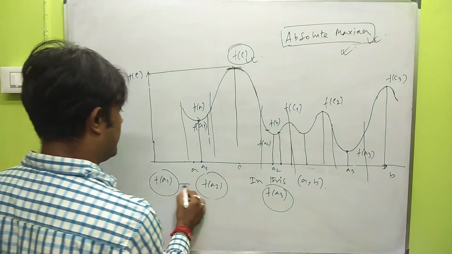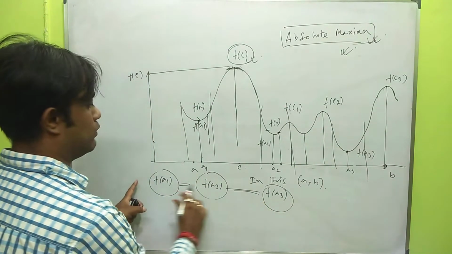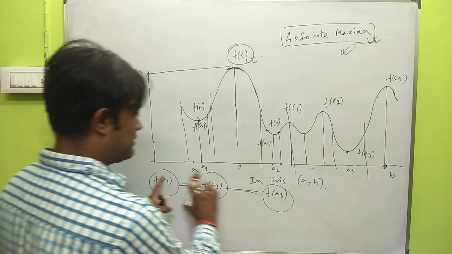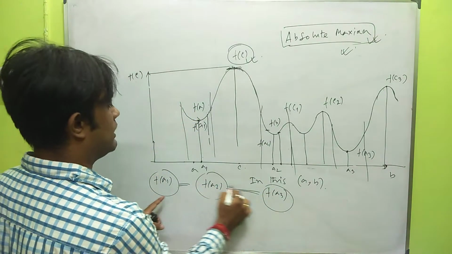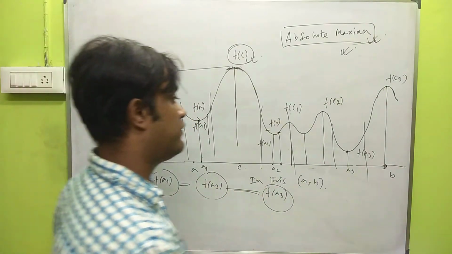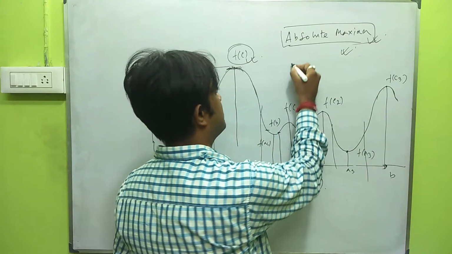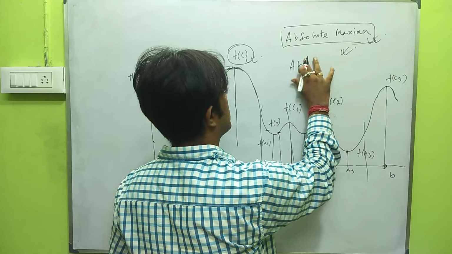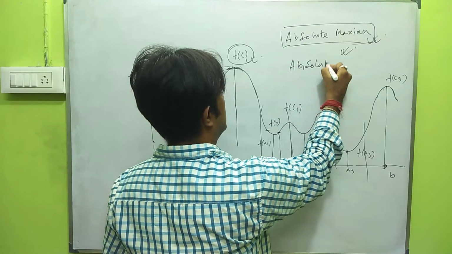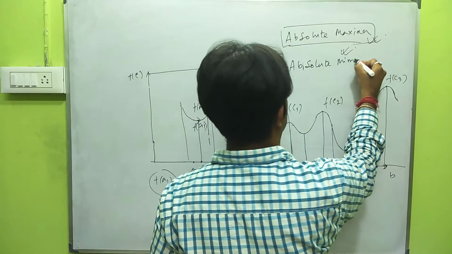From these local minima we observe that f of a3 is the least local minimum, that is the absolute minimum.